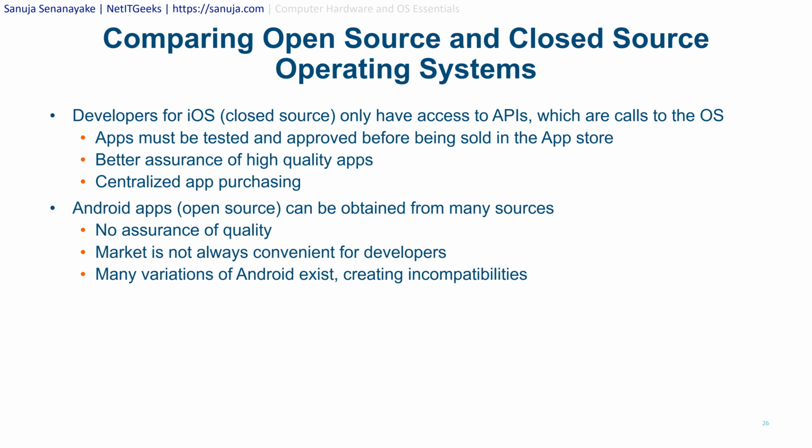For example, I have an Android Samsung phone, which is an S22 Ultra. But before that, I used to have an S9 Plus, and the S9 Plus is still in use. My brother uses a Samsung S9 Plus. So an Android developer who's developing an app today, as of 2022, has to make sure that the app works not only on my S22 Ultra, but also on older versions such as the S9 Plus.